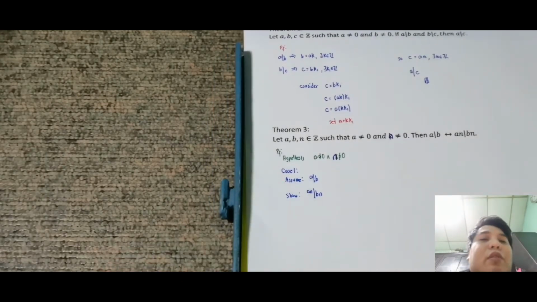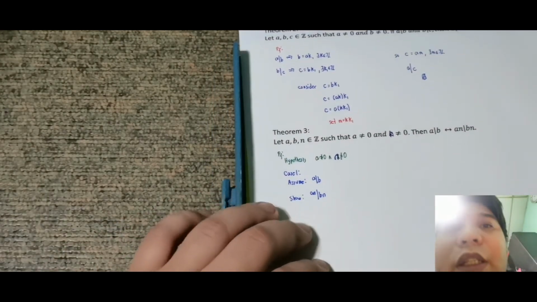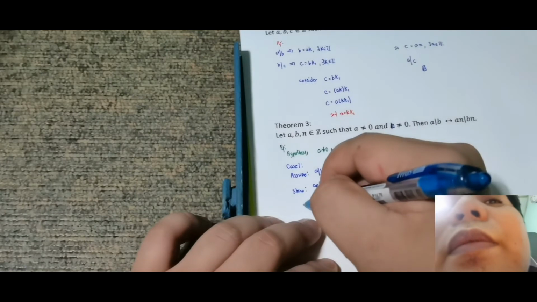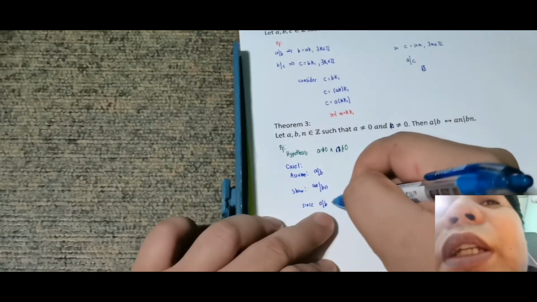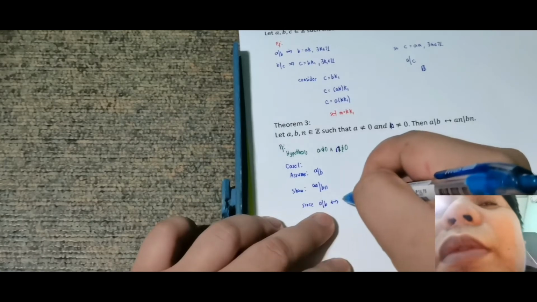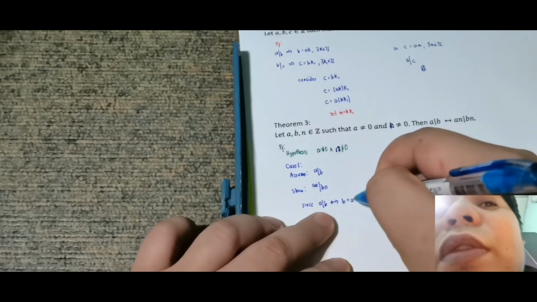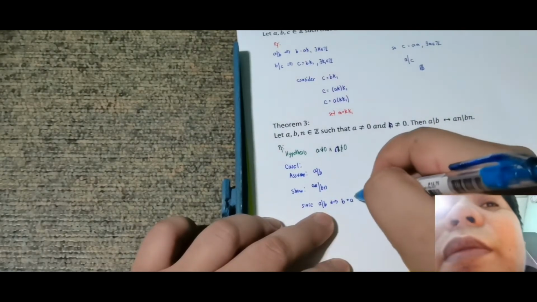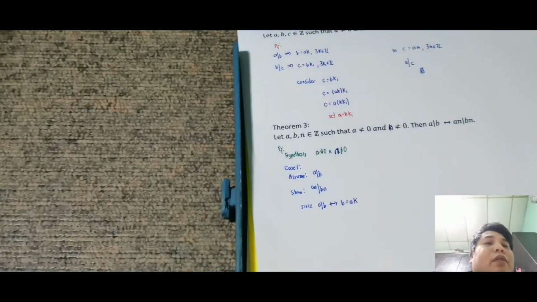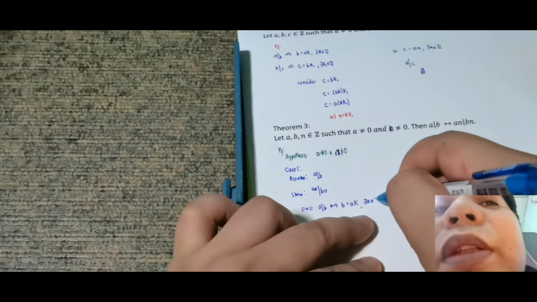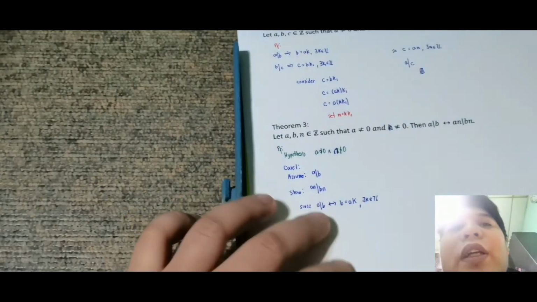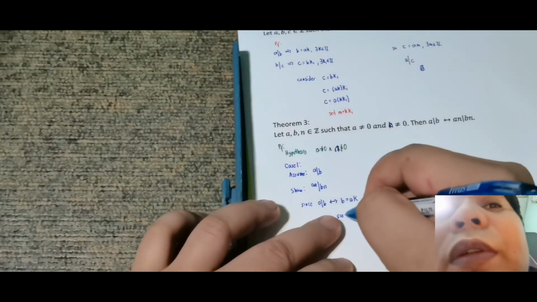So from assumption, A divides B. Since A divides B, by definition of divides, this is if and only if B is equal to AK, for some K element of integers.